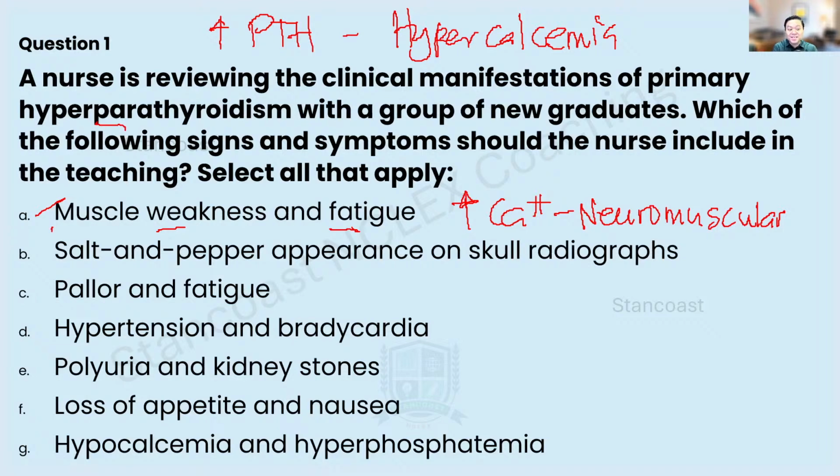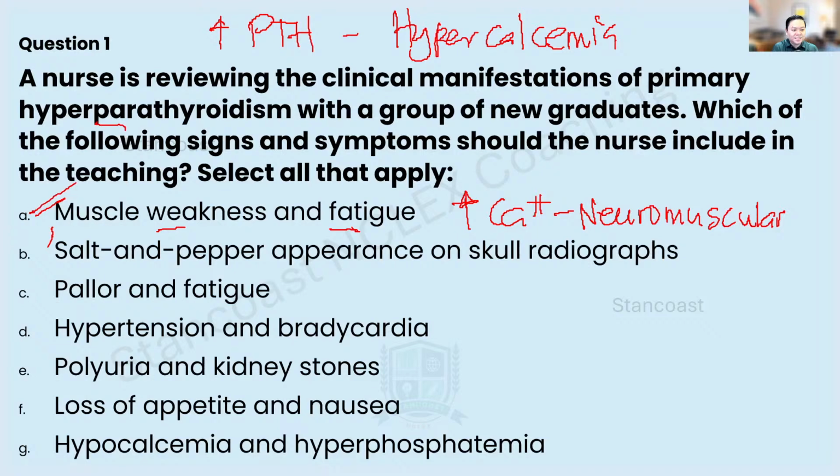This is the primary consequence of increased PTH. And take note of the function of the calcium. If there is excessive calcium level in the bloodstream, this will subsequently reduce the excitability of the muscles. So, correcting myself, this is one of the correct answers.